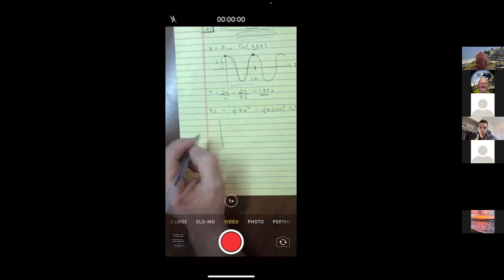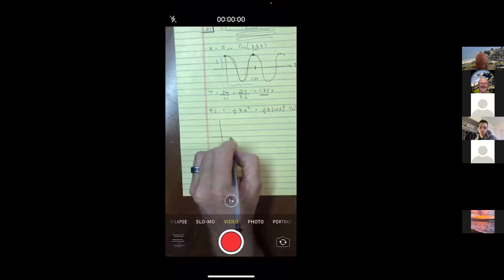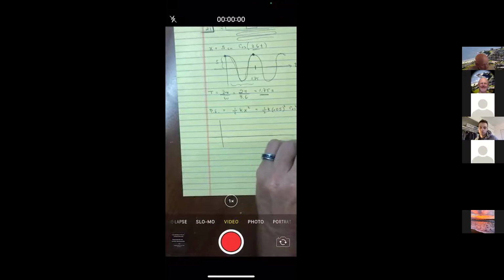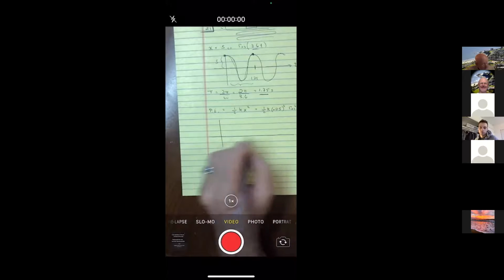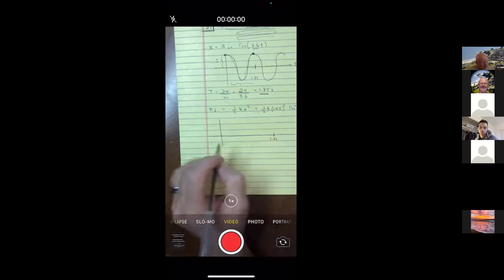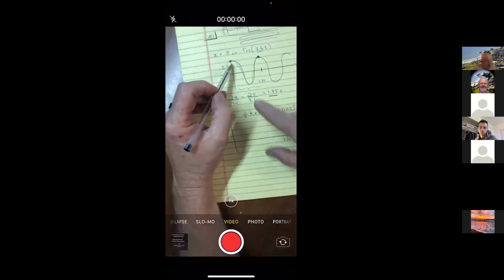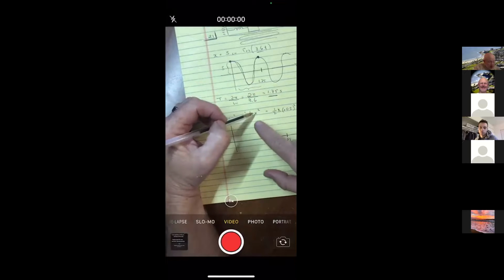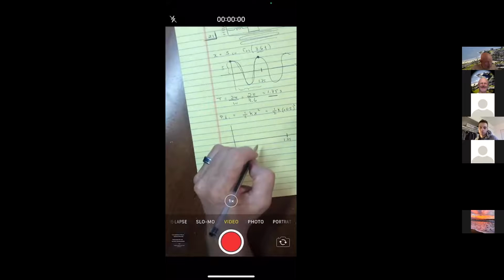So I was making a plot of potential energy versus time, and I'm only going to do one cycle, so only to 1.75. What does this mean? So here's the position. Here is a cosine squared.